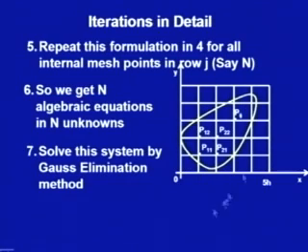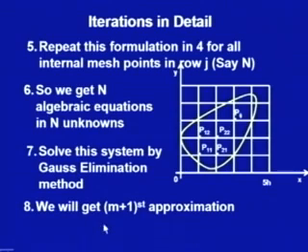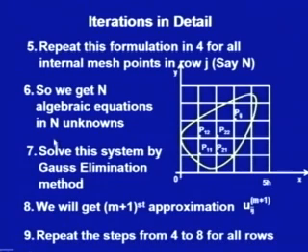So, we will get the m plus first approximation for all the internal points of the jth row, and then repeat these steps, that is, from the fourth step, for all rows. Thus, we would get u i j at m plus 1 for all u i j's inside this area of interest. So we have got the m plus first approximation.